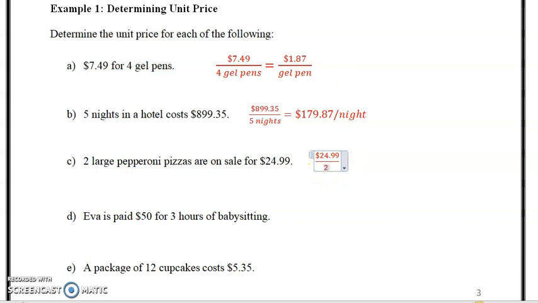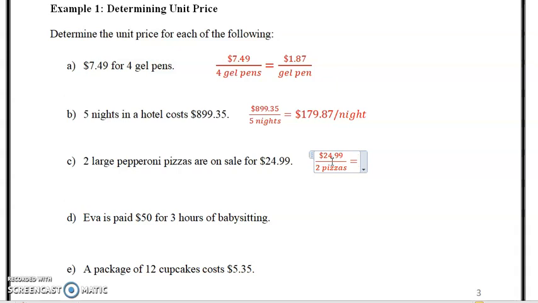We divide that by the 2 pizzas, and if you do that in your calculator, you're going to notice that there are 3 places after the decimal. So it's 12.495. The 5 rounds the 9 up to a 0, which rounds the 4 up to a 5. So it is $12.50 per pizza. Okay.